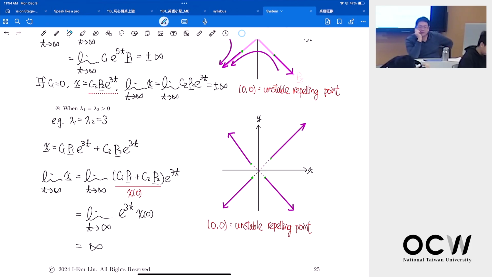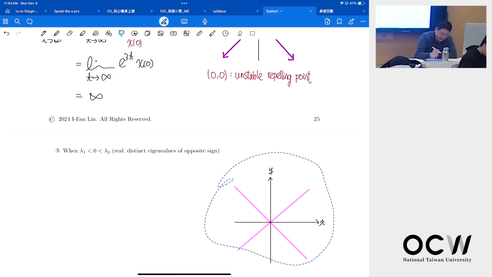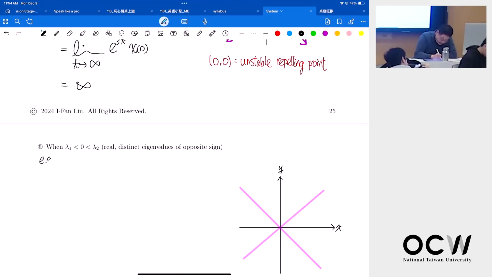Now we just mentioned two eigenvalues are negative or all eigenvalues are positive. But what if I have one eigenvalue greater than 0 and one eigenvalue less than 0? For example, eigenvalue 1 is negative, eigenvalue 2 is positive. Then my solution is C1 P1 e to the minus 3t plus C2 P2 e to the 5t.